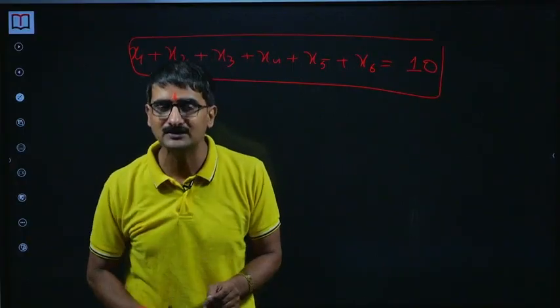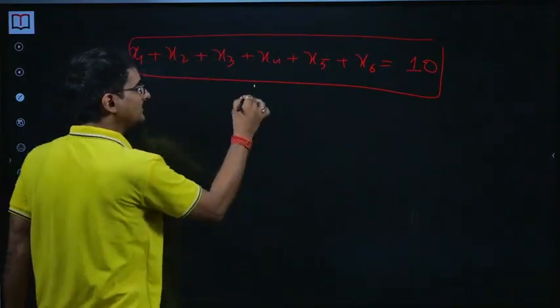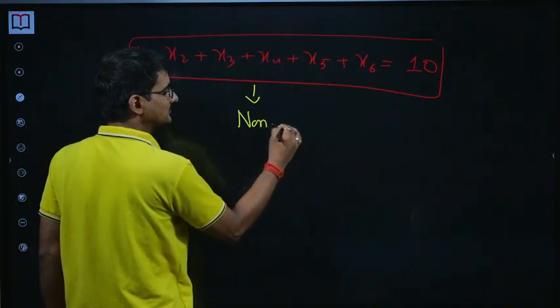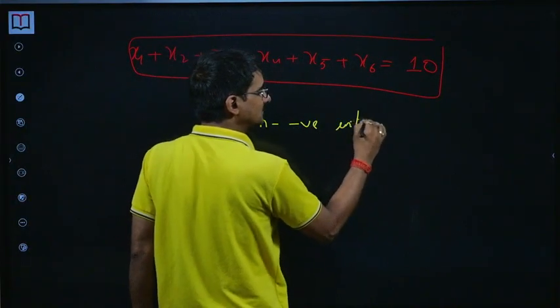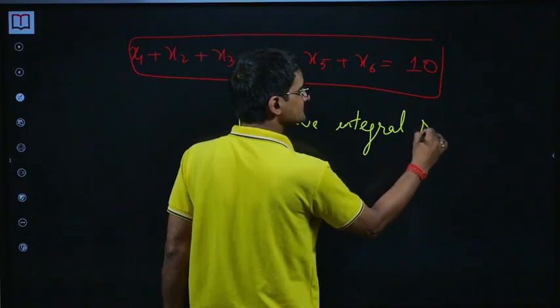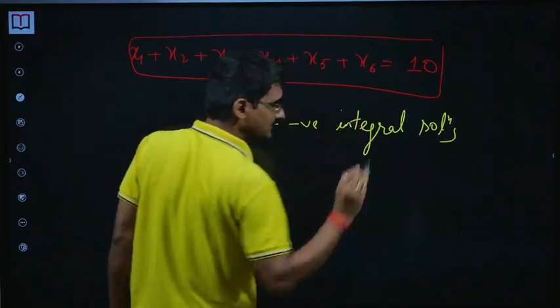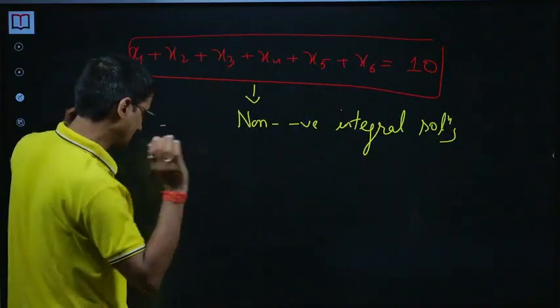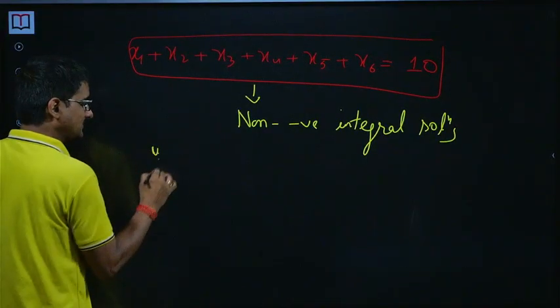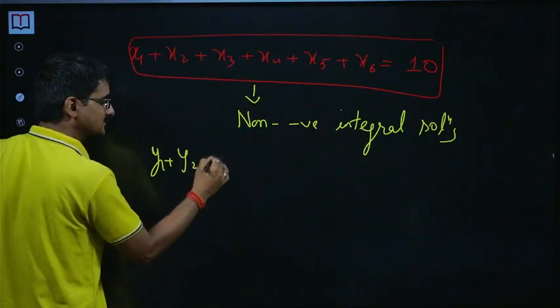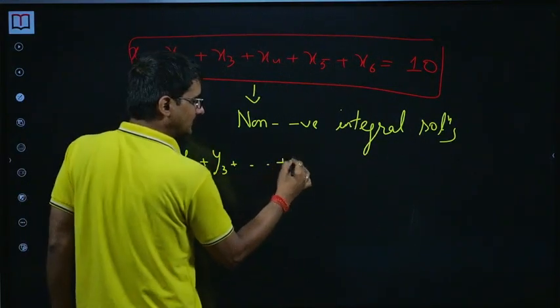Now which type of solution are we looking for? We are looking for the number of non-negative integral solutions. For that, I'm giving you the direct result, though we can easily derive it, but I won't go for its derivation.